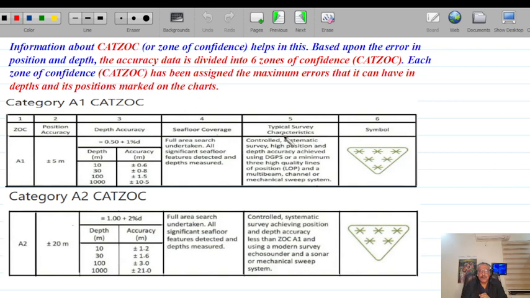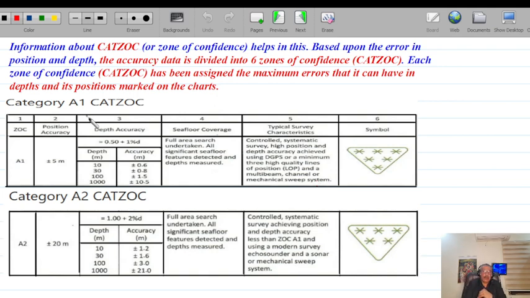Now, typical survey and characteristics. A controlled systematic survey, with high position and depth accuracy, is achieved in this case using DGPS or a minimum of 3 high quality lines of position, that is LOP, and a multi-beam channel or a mechanical sweep system. That's what I said, the wire sweep, sweeping the seabed with a wire sweep modus operandi.